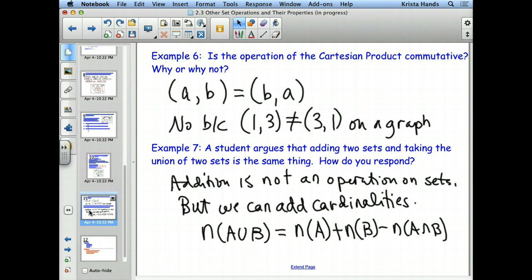So there is a relationship between addition and sets, but it's between the number of items in those sets, not the sets themselves. So if we wanted to know the number of items in the union, we can add the items in each individual set, and then we can remove the part that they have in common because we counted it twice. That's the relationship that exists that the student's possibly referring to. Or they might possibly be referring to this idea that if they're disjoint, right, then this n of A intersect B becomes 0 and it goes away. That's another possibility. All right, any questions on that one?